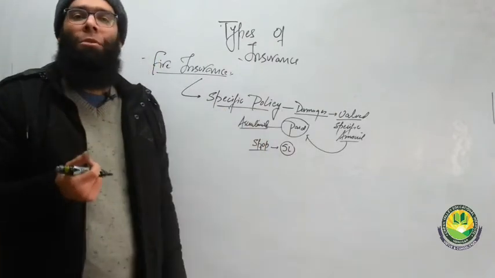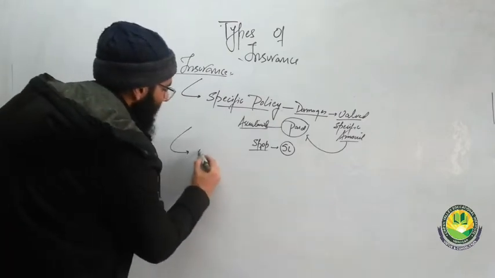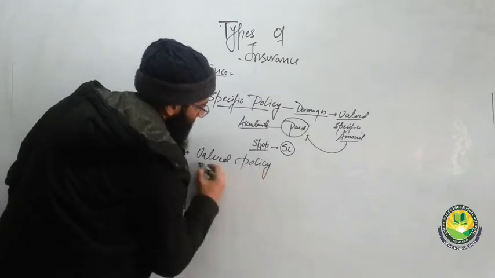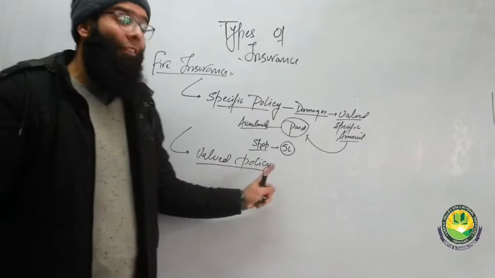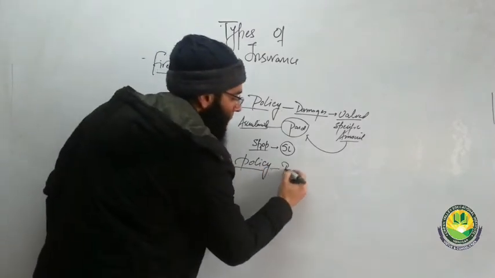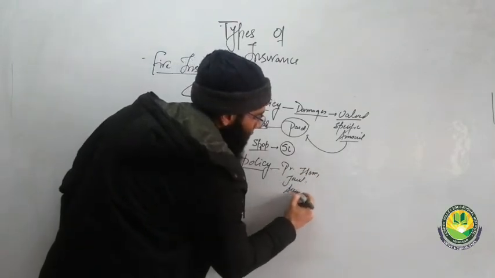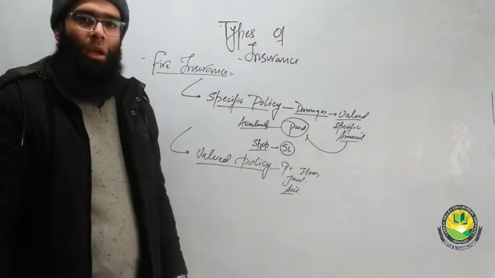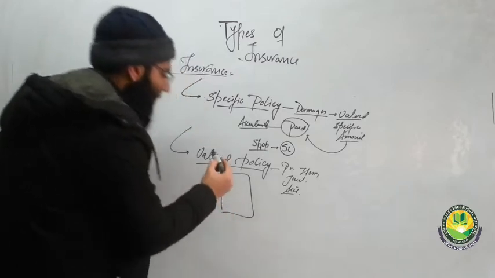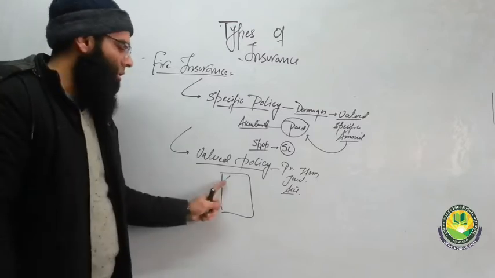But what if I cannot specify to what amount the damages have been caused? For that, we have valued policy. Valued policy is a policy which is taken for some precious items, jewelry, or any form of art, paintings or something, where we know that if there is a painting and there is a small cut on the canvas, I cannot ascertain how much damage this is.